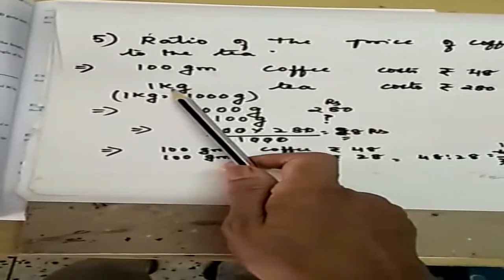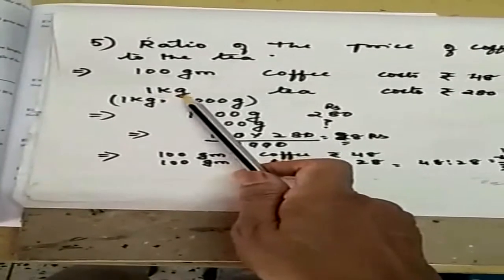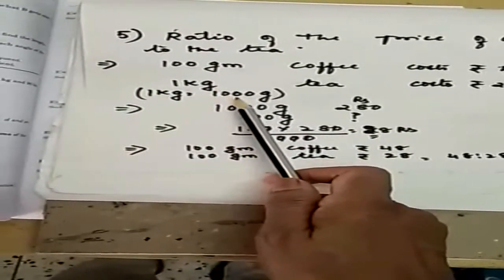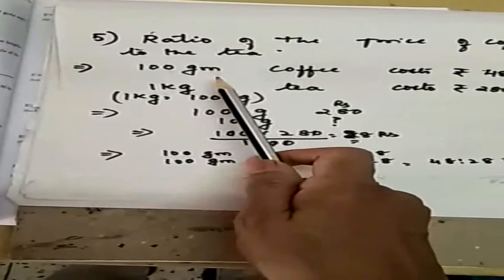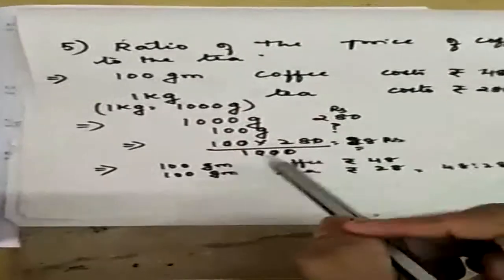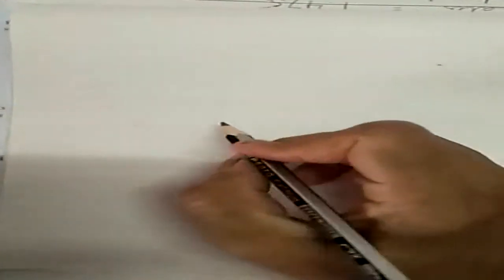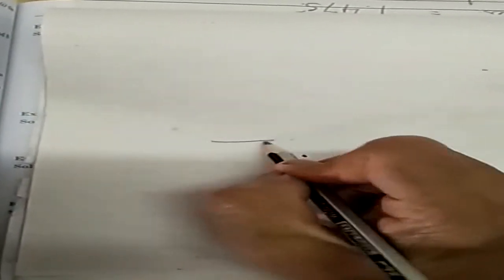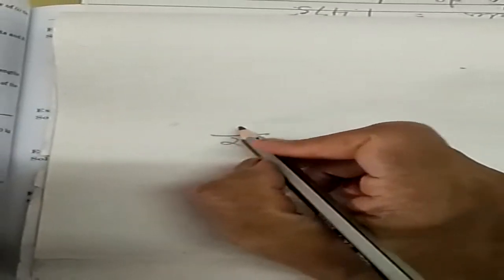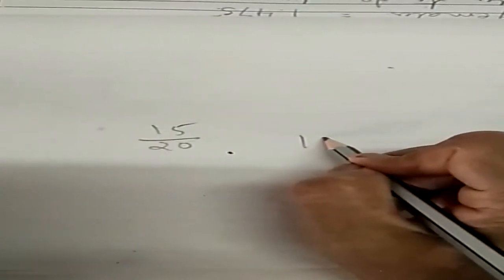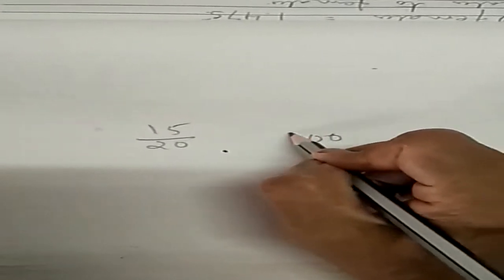So always the bigger unit is easier to change into the smaller unit. So 1 kilogram you change to 1000 gram. Now you have to compare. Let me take a small example. For example, I got marks out of 20, and another person got marks out of 100.